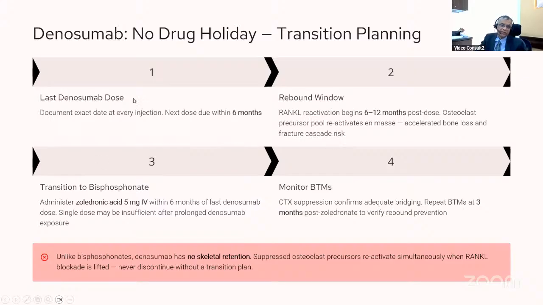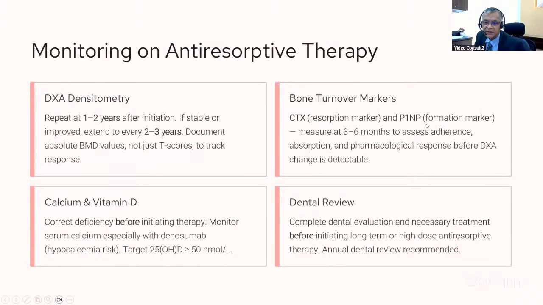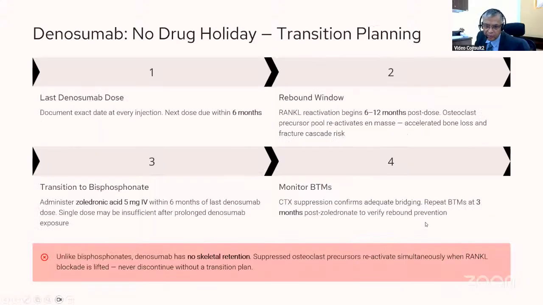You can transition from denosumab to bisphosphonates. Administer zoledronic acid within 6 months of the last denosumab. A single dose may be sufficient after prolonged denosumab exposure. Monitor the bone turnover markers, CTX suppression, as I told you. The CTX is a resorption marker. This is what you are looking for: is the bone resorption happening? And P1NP is a bone formation marker.